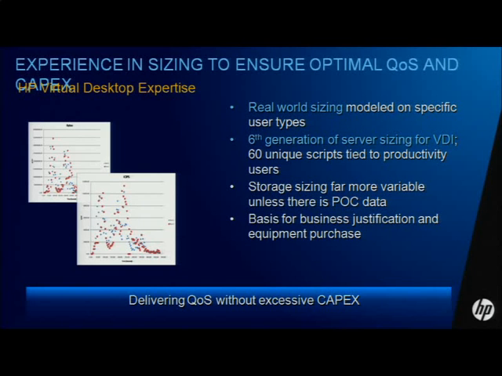Now, talking about storage sizing is a whole different ballgame. What we see there runs the gamut. We could see anywhere from 2 to 70 IOPS, anything from 20% write to 95% write. Our task worker scenario is typically at the low end, 2 to 7 IOPS, around 6 on average.